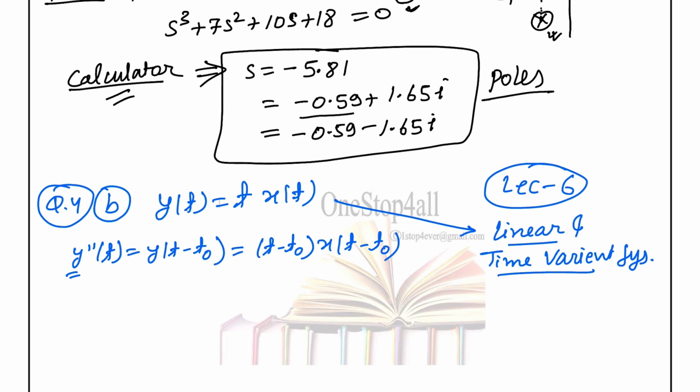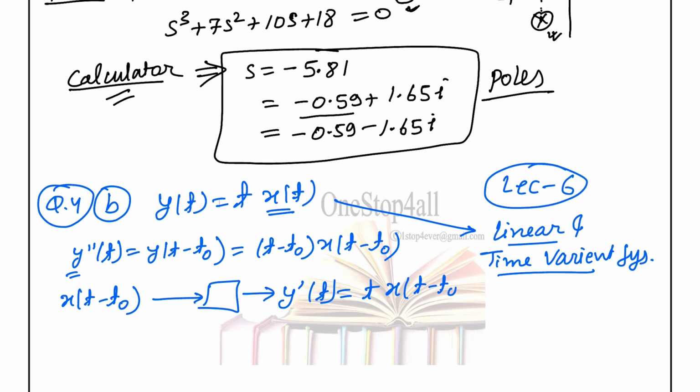Now the second time, we shift the individual input first, then give it to the system. First we shifted the input, now this is provided to the system, and its output is y double dash of t, which will be simply t into x of t minus t naught.